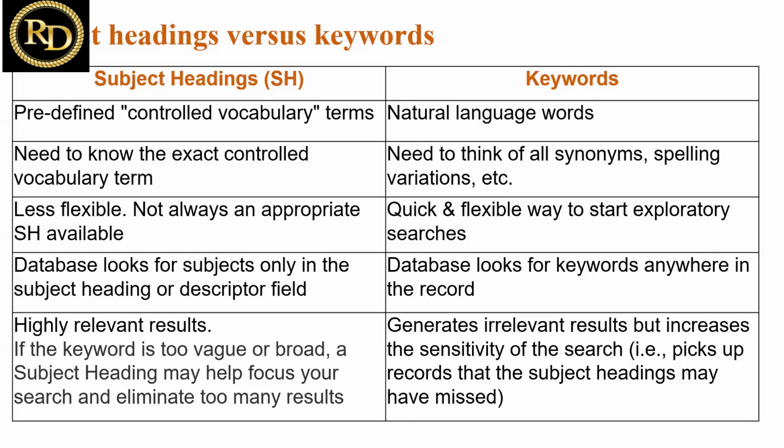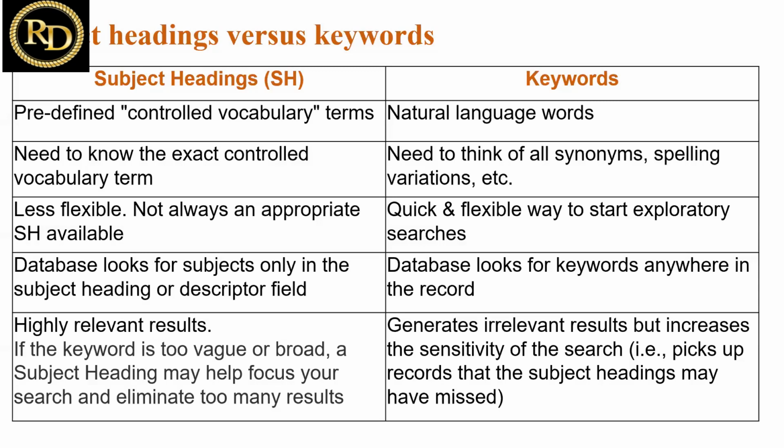Subject headings are less flexible. Appropriate subject headings are not always available, but keywords are quick. In subject headings, the database looks for subjects only in the subject headings or descriptor field. But in keyword search, the database looks for keywords anywhere in the record.